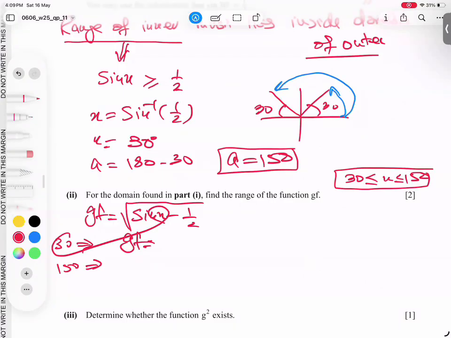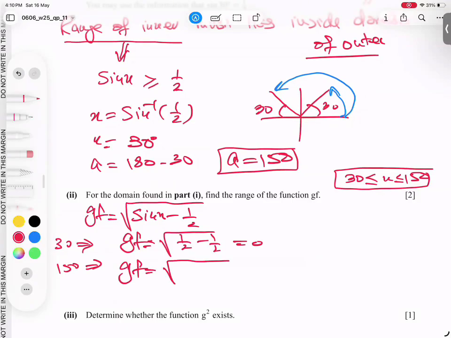So at 30, what answer is it giving us? Sine 30 is a half, and half minus half, I got 0. And sine 150, if you check it, let me check. It is giving us half also.